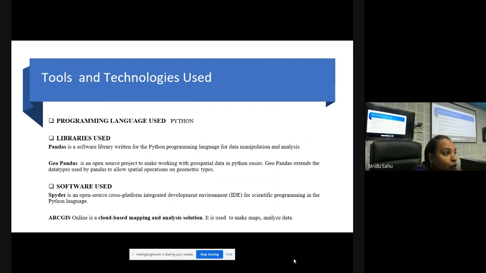ArcGIS is a well-known tool, present and most useful in that applied geology department. So we also did some studies in ArcGIS. ArcGIS is important because it is cloud-based mapping, so we can extract the information from the cloud. So all these resources we can use in this manner.